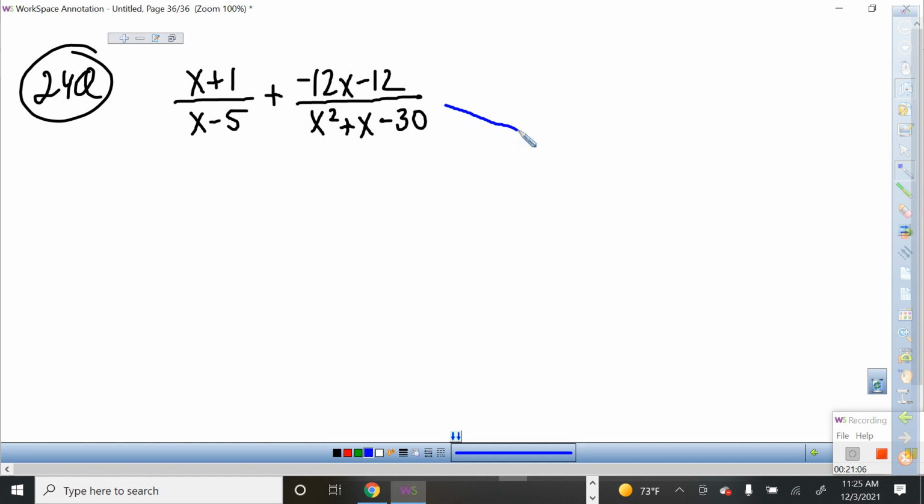So let's factor this one first. Negative 30. The coefficient here is 1. So factors of negative 30 that add up to 1.